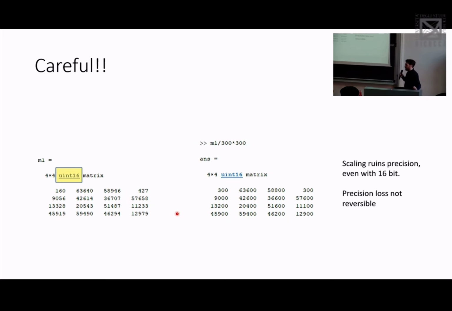By the way, keep in mind that when you're working with integers, and most of the time when you work with images, when you lose some data, there is no way to recover it afterwards. So even if you're using 16-bit integers, if you do an operation like dividing by 300 and multiplying by 300, you lose all of the precision, which can be pretty relevant.